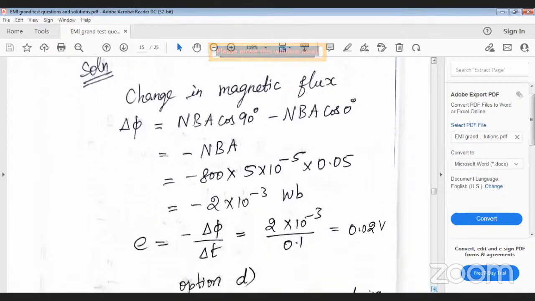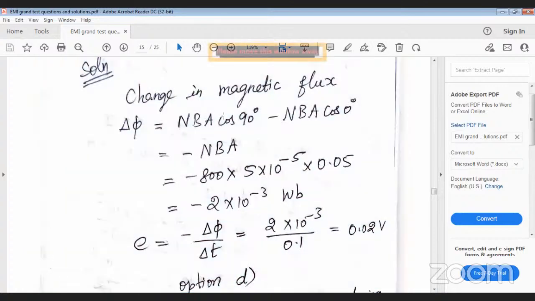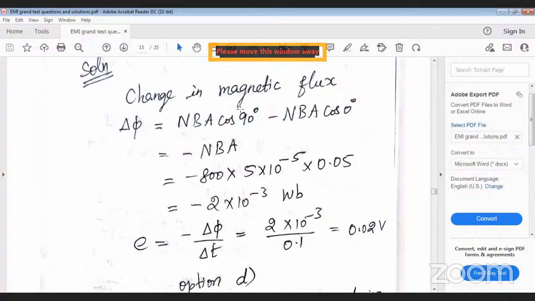So change in magnetic flux means here you see final flux is NBA cos 90 degree. So I think you know very well the equation for phi, that is NBA cos theta. Okay, in the second scenario, theta is 90 degree because it is rotated 90 degree, and initially the area vector is nothing but it is aligned at 0 degree. So NBA cos 90 degree minus NBA cos 0 degree.